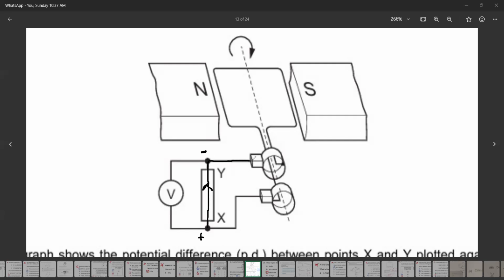So if we show the directions, I complete this. So current will go like this. Means it should go like this. If X is positive and Y is negative, that is a complete cycle of one current. Is it clear? The cycle of the current?